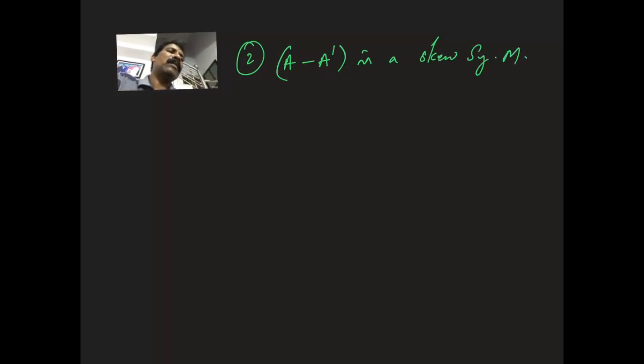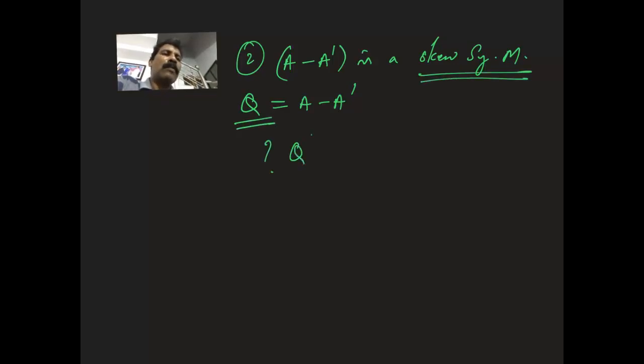Now we shall prove the second part. That is, we shall show that A minus A transpose is a skew symmetric matrix. Now for that we shall take Q is equal to A minus A transpose. Now in order to show that Q is a skew symmetric matrix, we have to prove that Q dash is equal to negative Q. So let us consider Q dash.